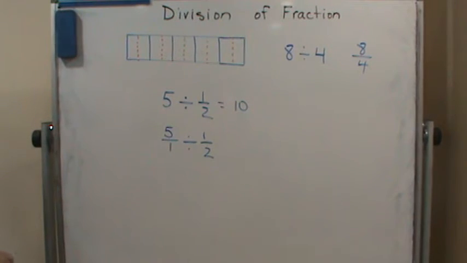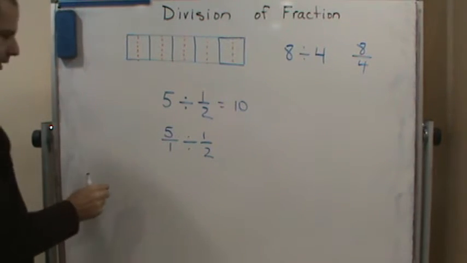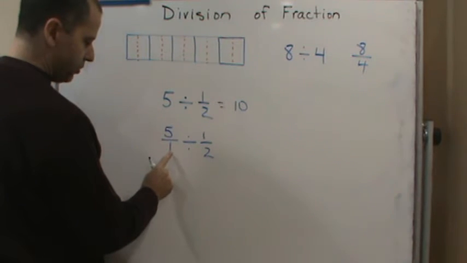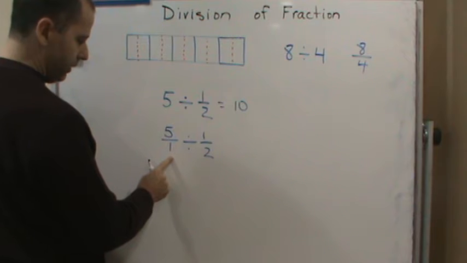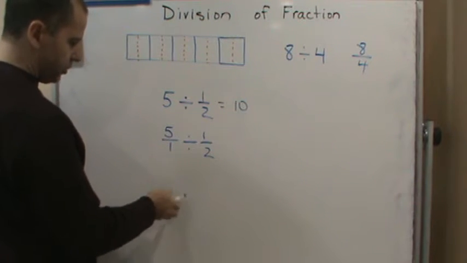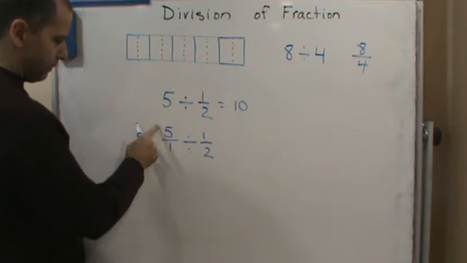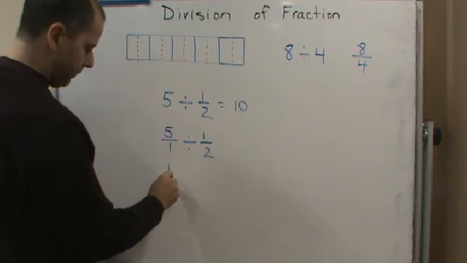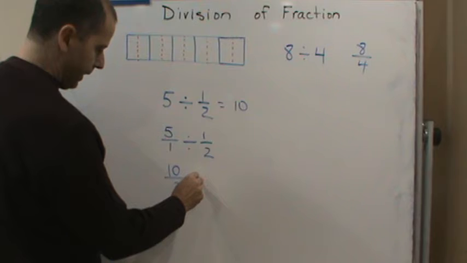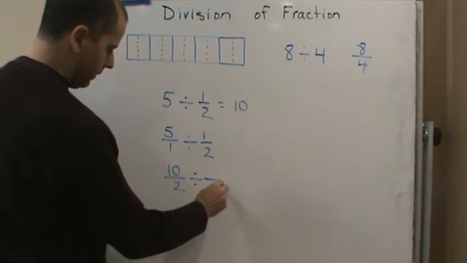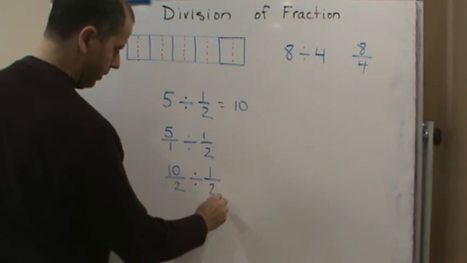Now, I want to get a common denominator, so let's change this to a 2, since I can do that. I multiply the top and the bottom by 2, and this gives me 10 over 2 divided by 1 over 2.